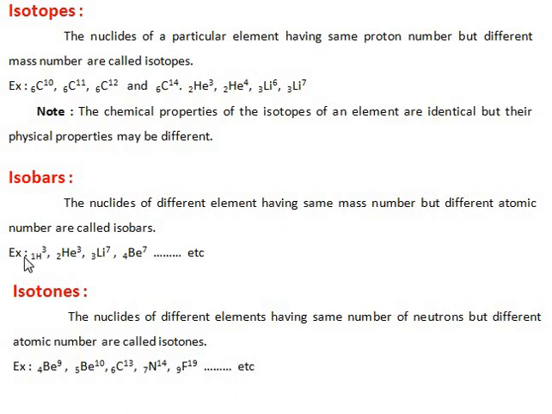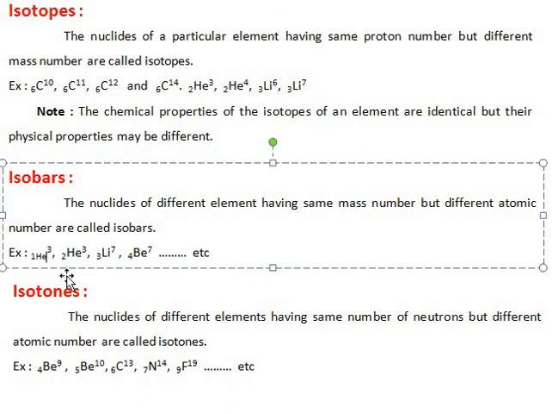Here you can see examples 1H3, 2He3, 3 lithium 7, 4 beryllium 7, etc. See here 3, 3 in these two, the mass number is the same but the atomic number is different. Here also lithium and beryllium, 7 and 7, the mass number is the same but the atomic numbers are different, 3 and 4. So these are known as isobars.